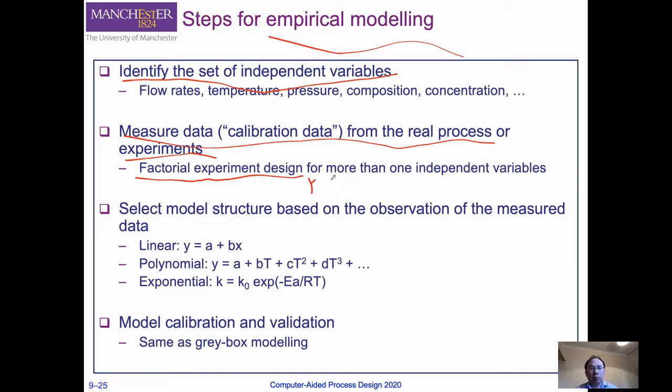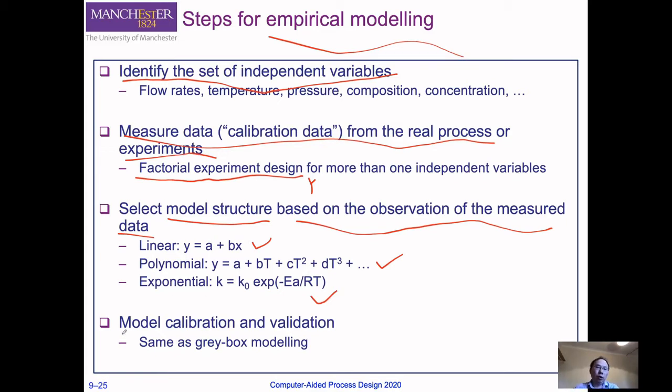We can observe the trend of the curve and come up with some type of models based on the observation of the measured data. If we can see the trend is like a linear, then we can come up with a linear function. If the trend is like a polynomial, then we can come up with a polynomial function. If the trend is like exponential, then we can come up with the exponential function.